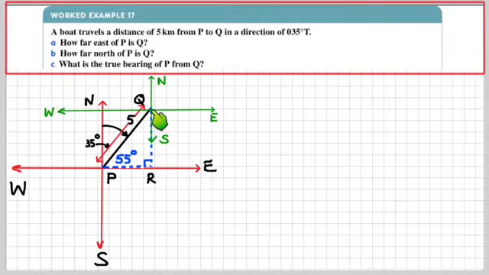So really what we want is the angle all the way from the 12 o'clock at Q all the way down here in a clockwise direction, all around there to that black line, which is our line of sight back from Q to P.